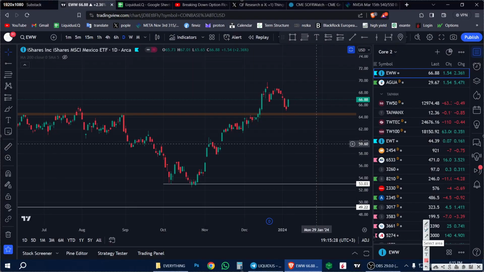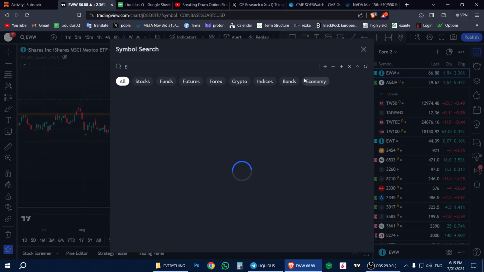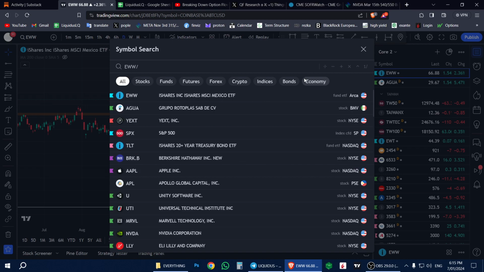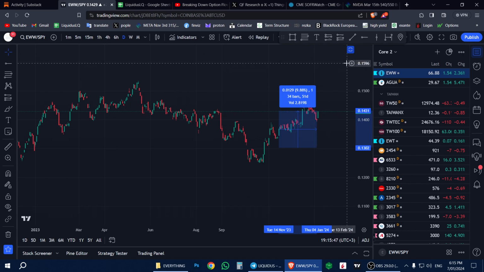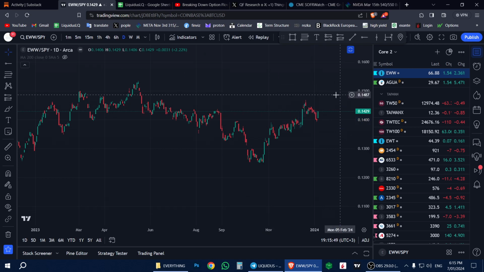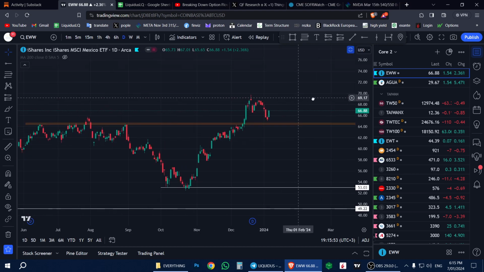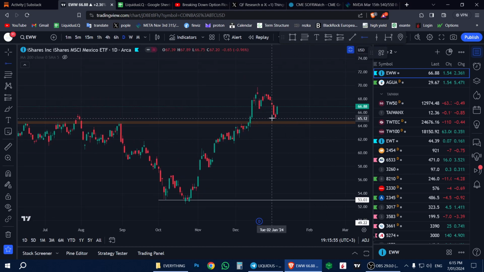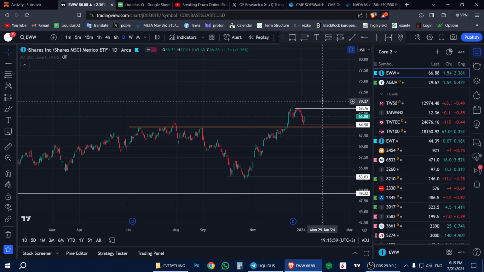At the time when we had this inflection point, we said don't buy SPY, buy EWW, and we've seen this outperformance of EWW divided by SPY. This is what you're playing, except you're not shorting SPY, you're just buying EWW. The outperformance is quite significant, and the signal is very clear and beautiful.